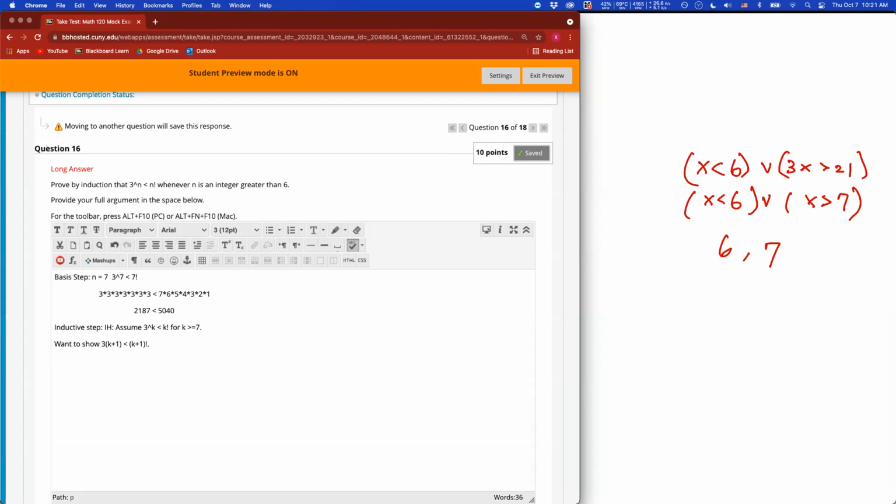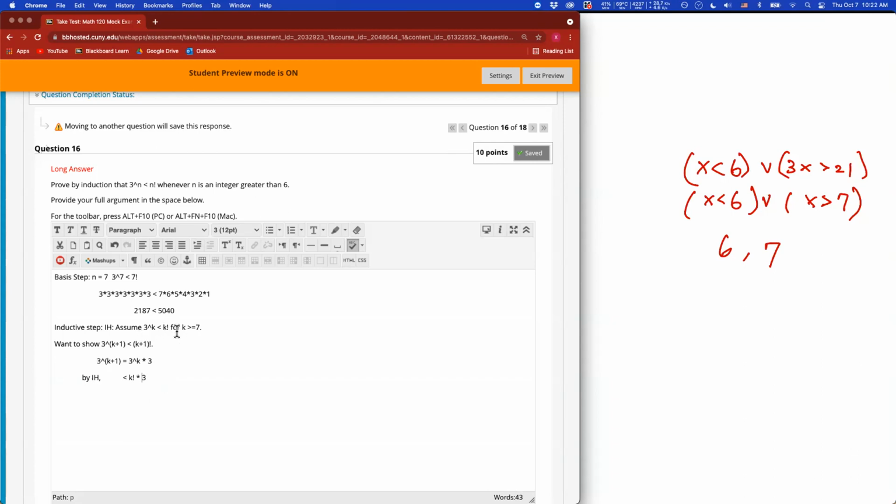Now, if you start with 3 to the k plus 1, well, we know 3 to the k plus 1 can be written as 3 to the k times 3. And by the inductive hypothesis, we know this is less than k factorial times 3.